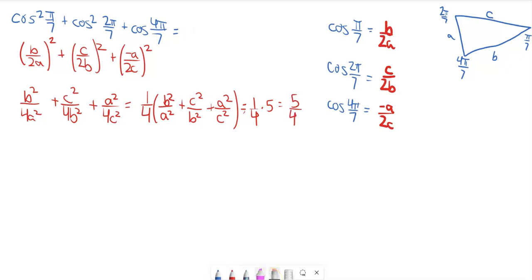So therefore, the sum of the cosines squared of pi over 7, 2 pi over 7, and 4 pi over 7 will add up to 5 over 4.